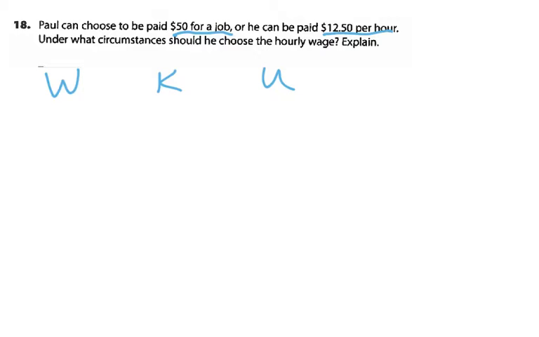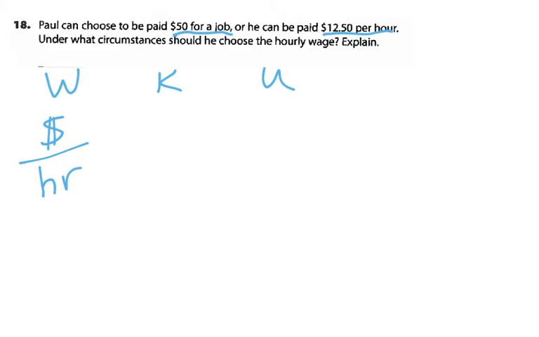When you think of a job, a lot of times you get paid by the hour, so dollars per hour. And so we're going to go ahead and figure out the unit rate here. What is it? How many hours would he have to work to get $50 is basically what we're figuring out.